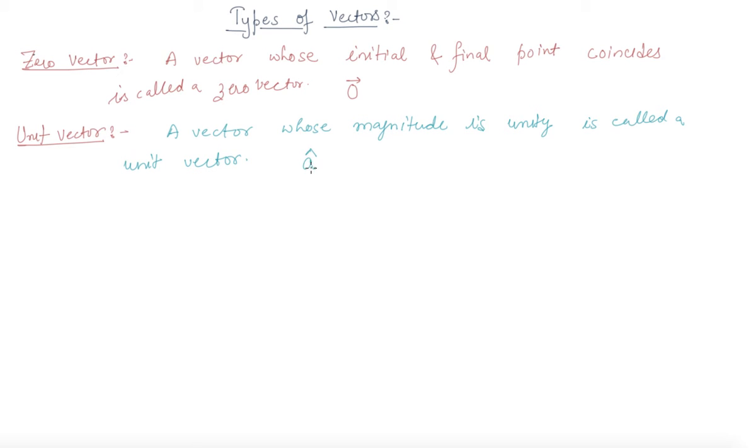This vector has magnitude 1, and the direction is that of the vector. Direction is of the vector and magnitude is 1.